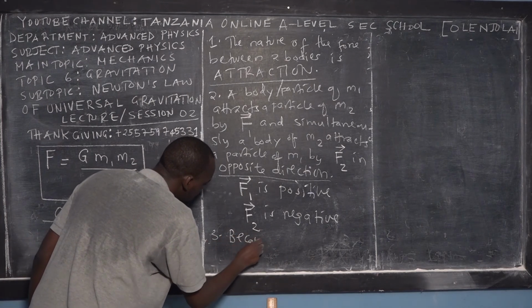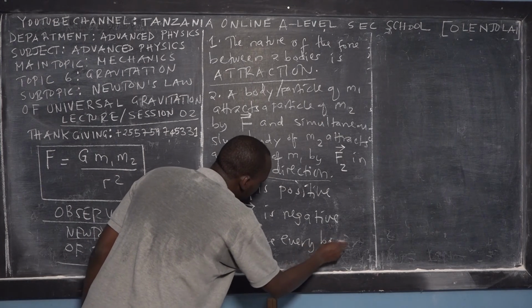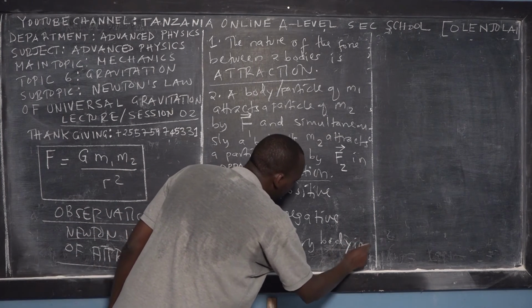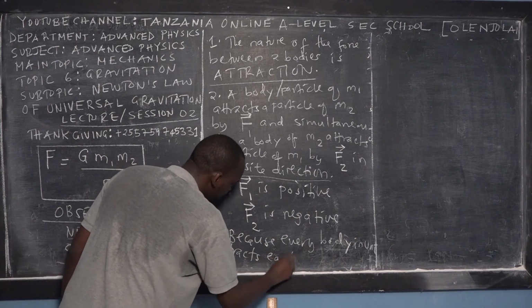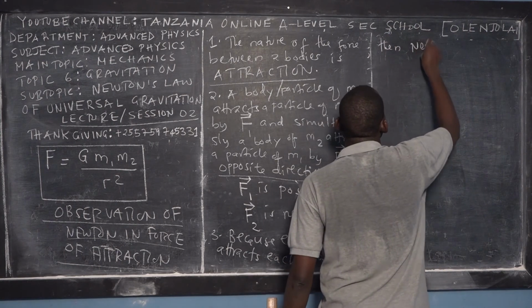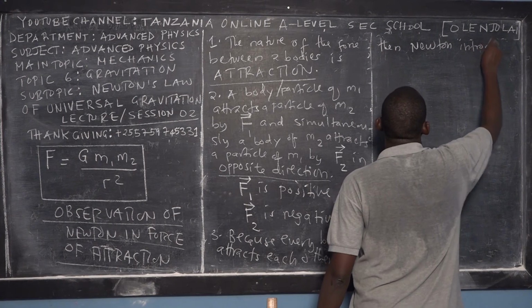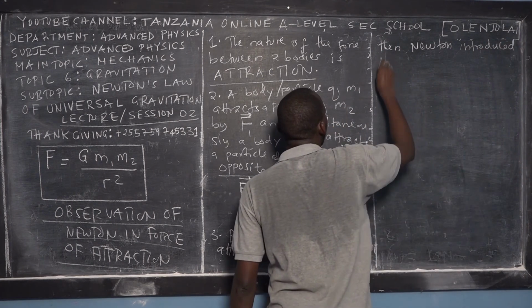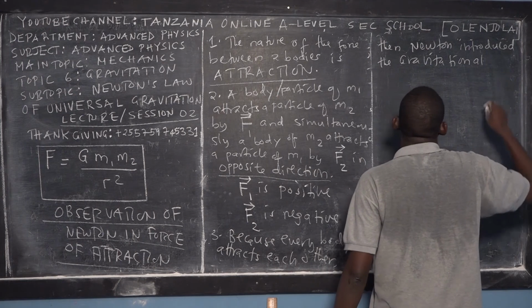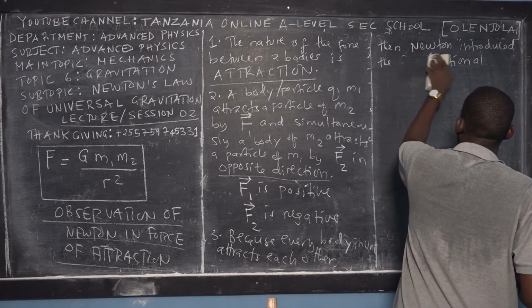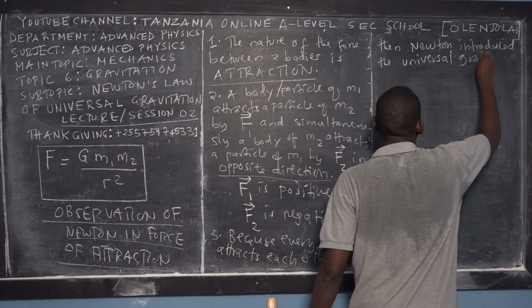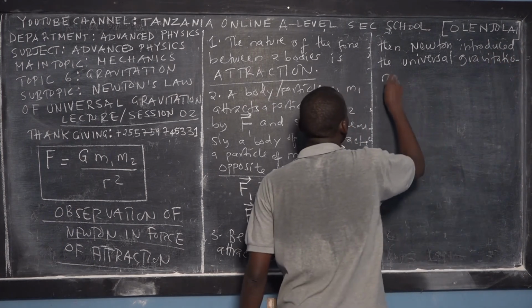Because everybody attracts each other, Newton introduced the universal gravitational constant.